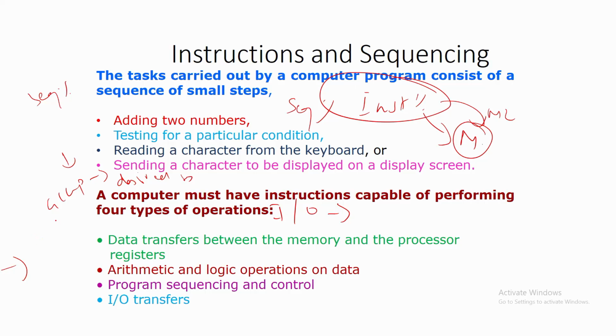Simply we can say it is an ordering of a sequence of instructions stored in memory, which after that need to be executed by the processor. So this is the main thing said in instructions and sequencing.